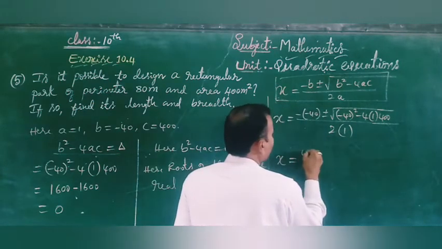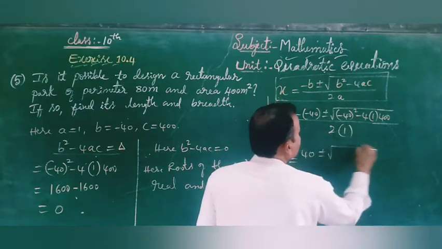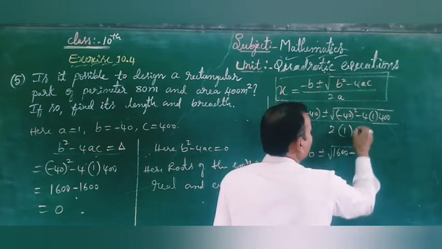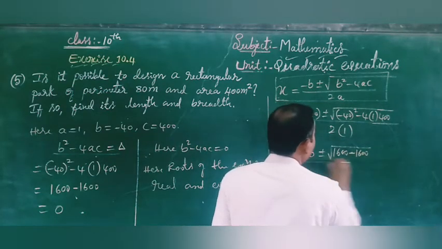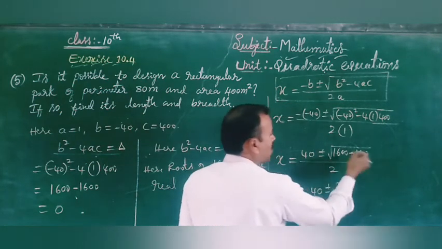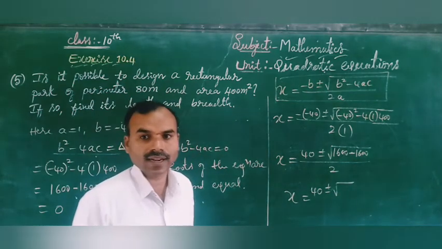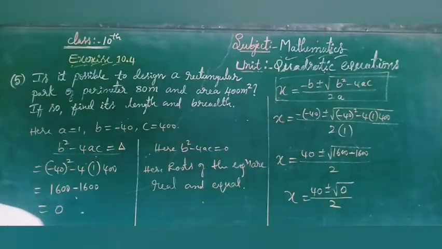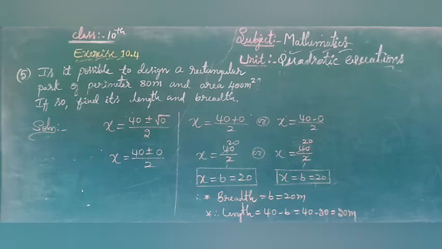X equals 40 plus or minus square root of 1600 minus 1600, which is equal to 0, by 2. Okay, dear students, in the next step x equals 40 plus or minus square root of 0, by 2.